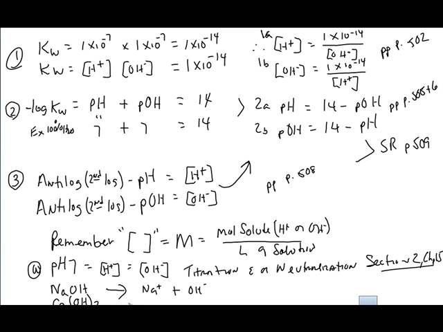So you have to look at this, and you're going to get a calcium here just like you had one sodium. But here, you're going to have 2 hydroxides, right? You got me? So the hydroxide ion concentration will be twice the molarity of the calcium hydroxide, right? Because it's a strong base.